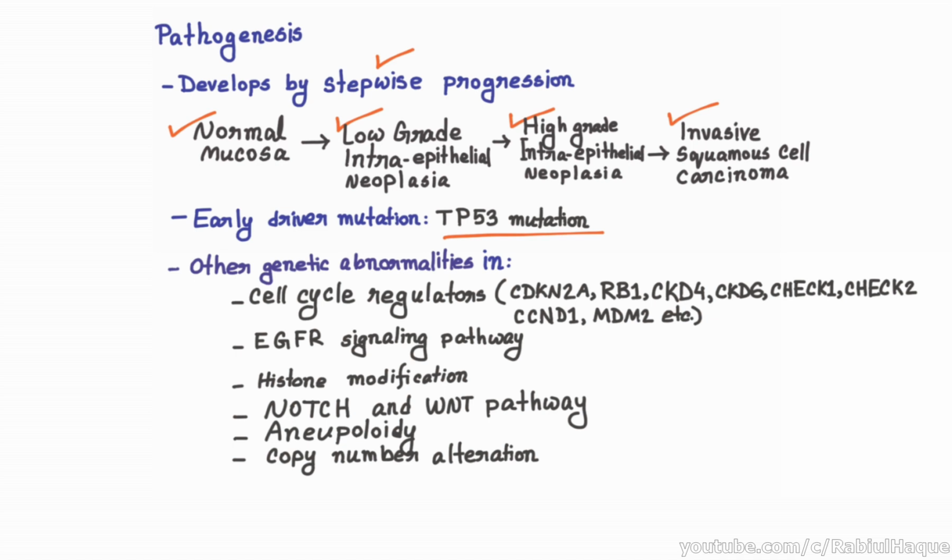Besides this mutation, other key genetic abnormalities include abnormalities in cell cycle regulators like cyclin-dependent kinase 2A and various other genes. There may be abnormalities in the EGFR, that is epidermal growth factor receptor signaling pathway, histone modification, Notch and WNT pathway, etc. Other genetic changes may include aneuploidy, copy number alteration, etc.